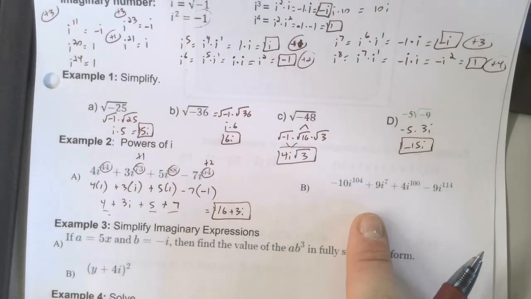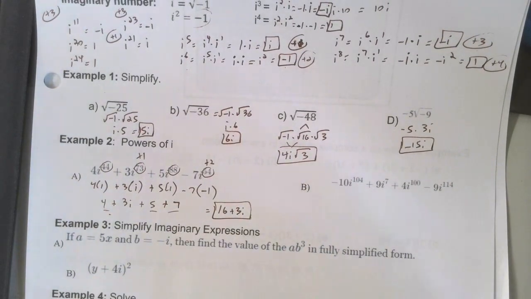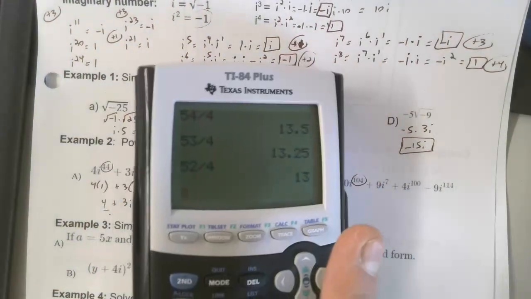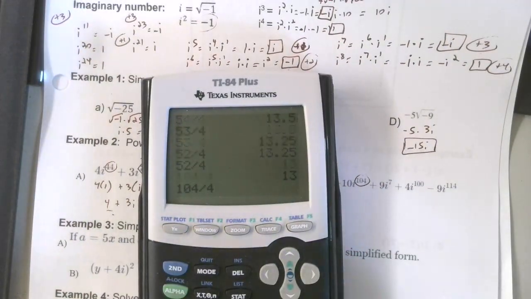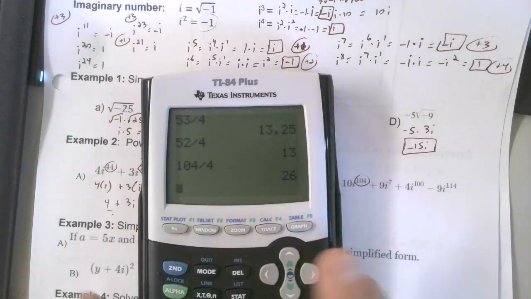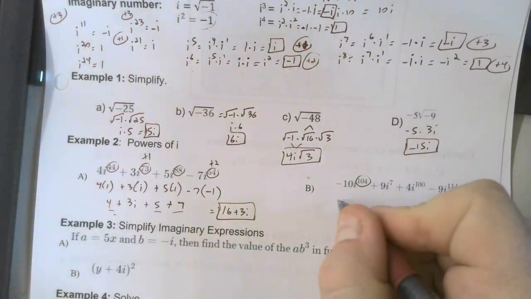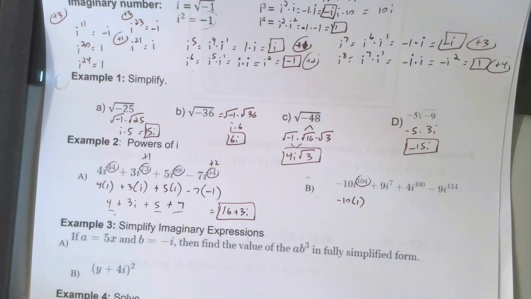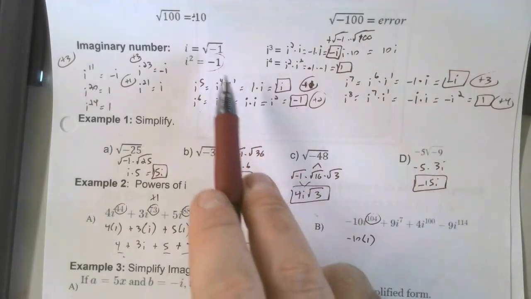So let's do the same thing with this one. 104 is divisible by 4. So that means it's a 1. Negative 10 times 1. Remember, they keep repeating.